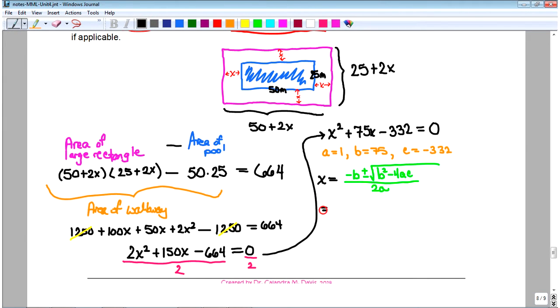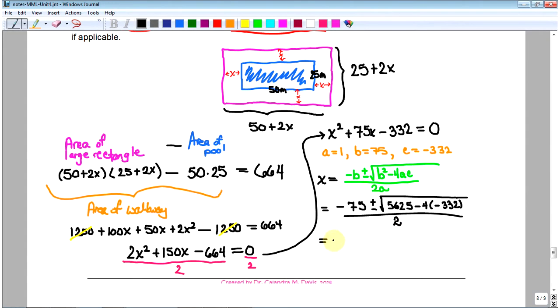So this will equal the opposite of 75 plus or minus the square root of 75 squared, which I'm typing in my calculator to get 5625, minus 4 times a times c will be negative 332, all divided by 2 times a, 2 times 1, which is just 2.